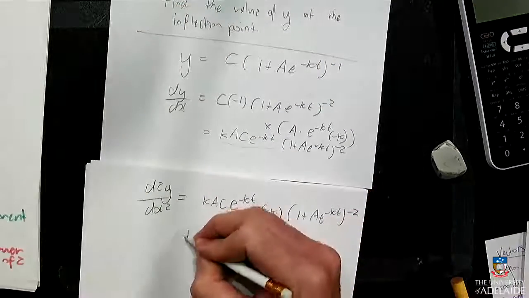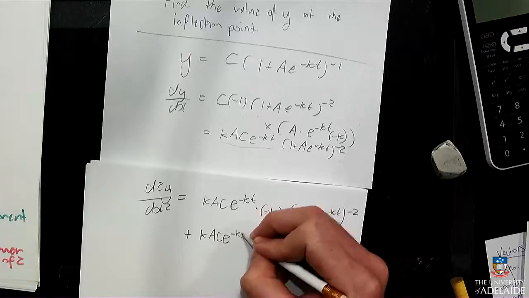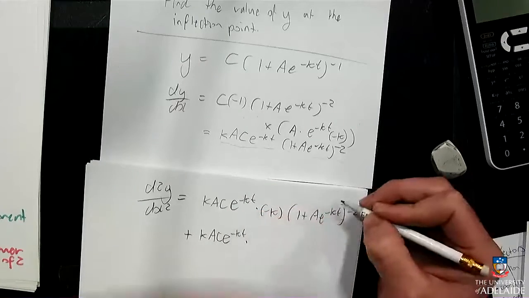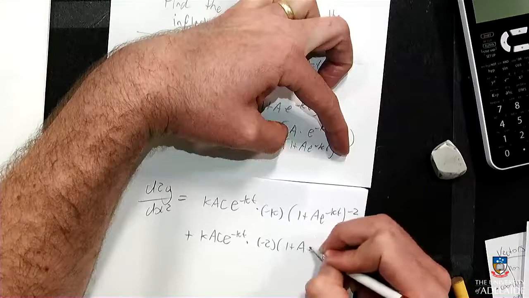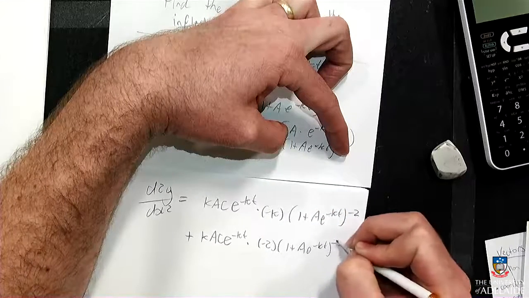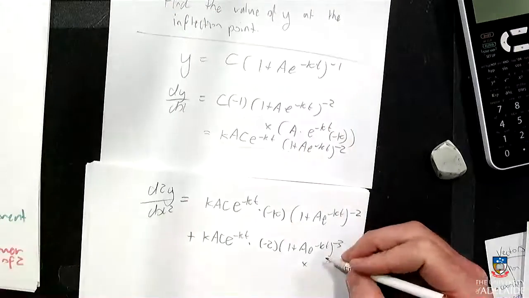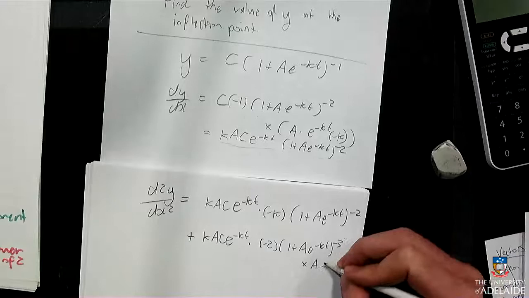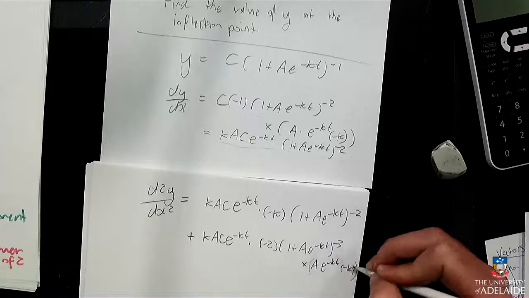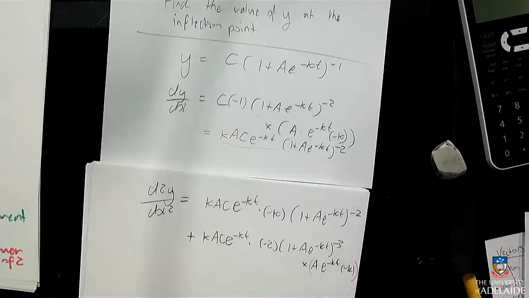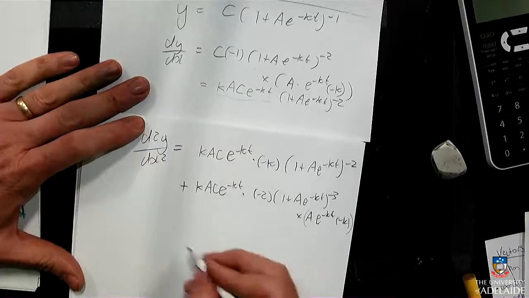Okay, and then because of the product rule, we'll keep this bit, and then we'll differentiate this bit, which would be minus 2 (1 plus a e to the minus kt) to the minus 3 times, because of the chain rule, the derivative of the inside, but we've already figured out what that is. We did that earlier, so I'm just going to copy that bit. Okay, it's complicated. Whoa.